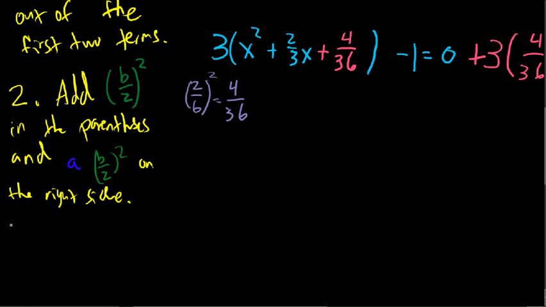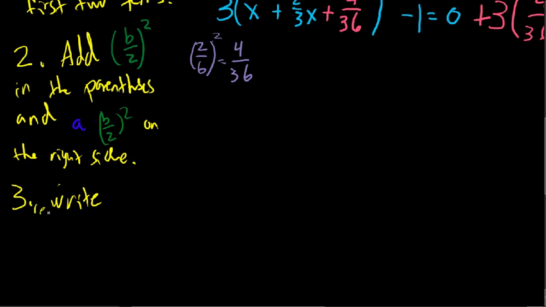Now that's the big leap in completing the square. After you do that, it's pretty easy. Let's see, how shall we write this? I'll just say rewrite with (x minus b over 2) squared.